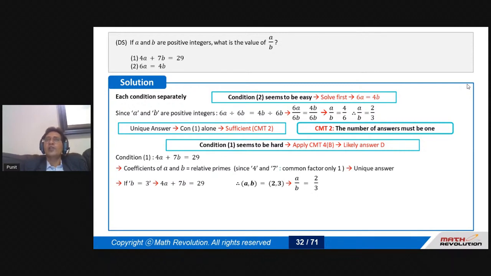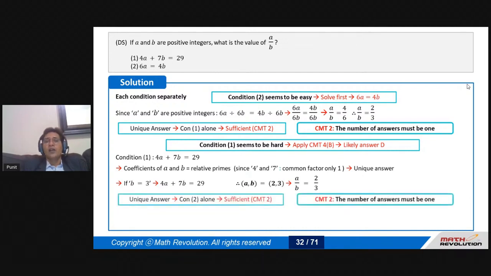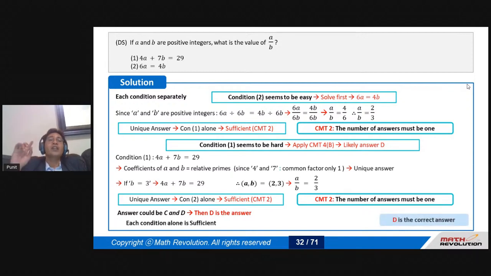So we need 8 more. So A could be 2. So A is 2 and B is 3, and that 2 comma 3 would only give us a value of 29. So now both conditions alone are sufficient, and our answer goes as D in this situation. So it started with C, it was going towards B, but it is ending up at D. So this is where you have to pay attention.